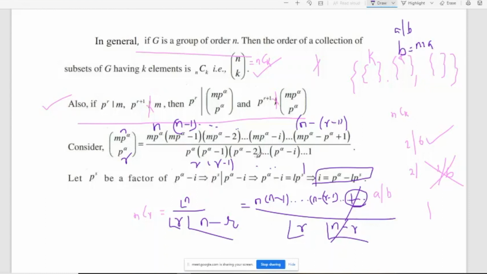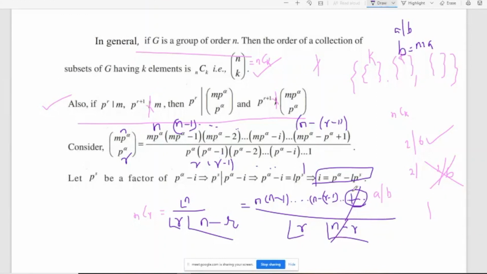Suppose this term has a factor p power s; what we are going to show is that the corresponding term over here will also have p power s as a factor. If that is the case, then they will get cancelled. So again, my m and this one will behave as mentioned earlier.